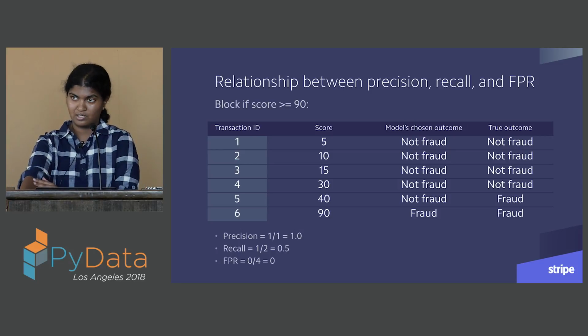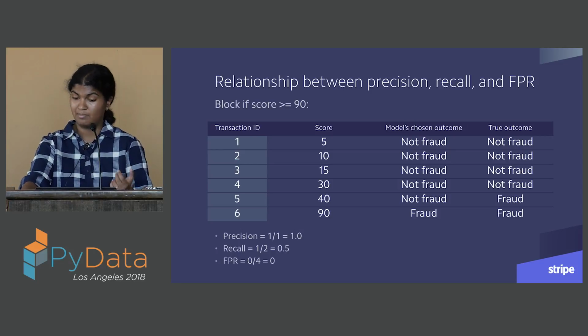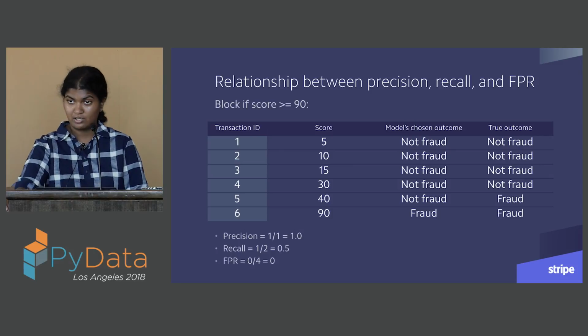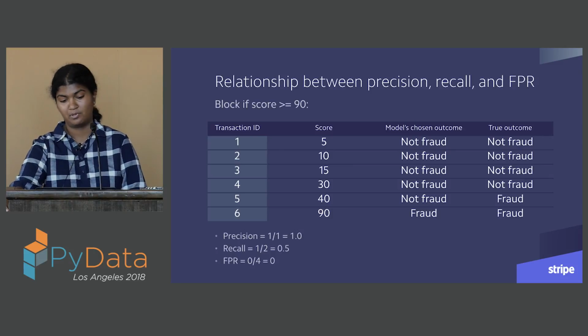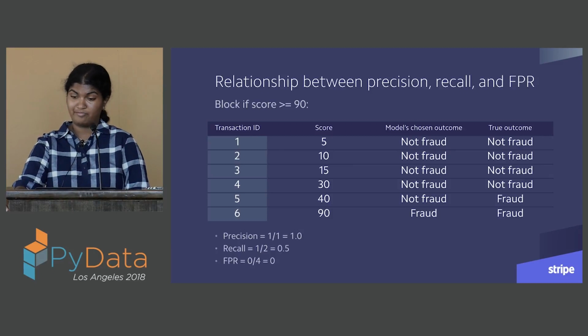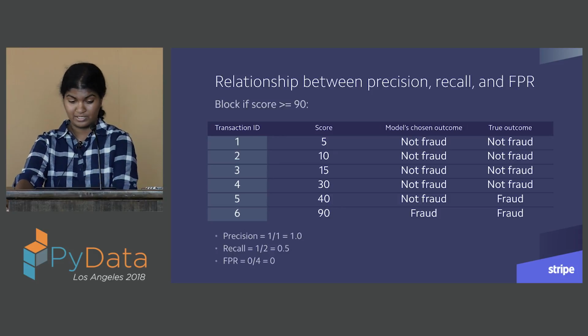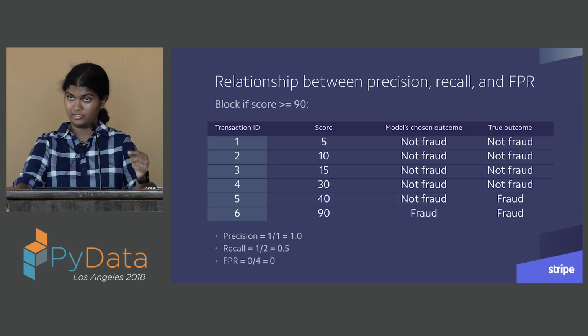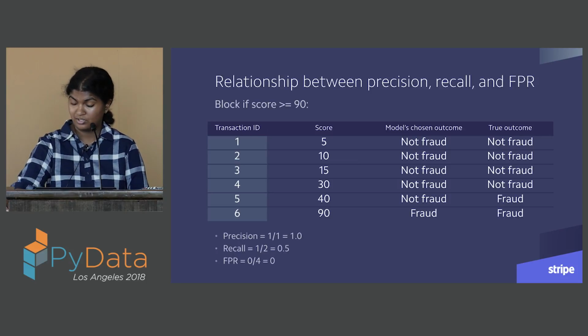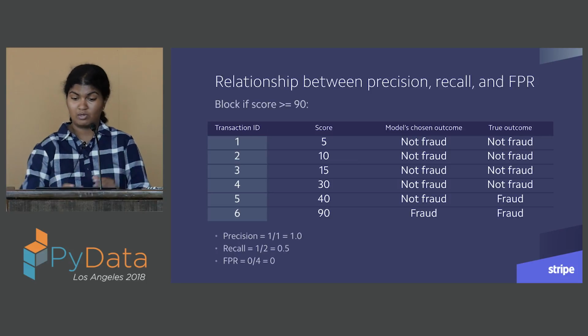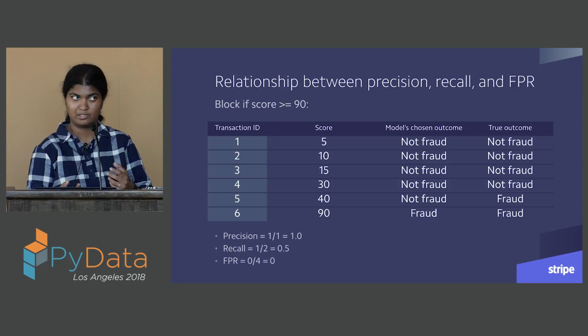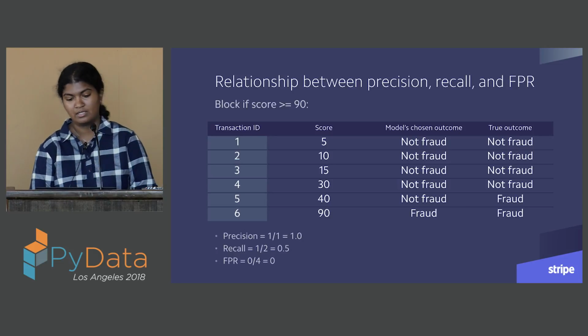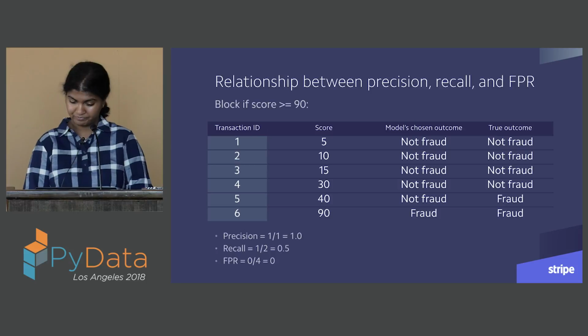Out of those 2, the model only correctly detected number 6 as fraud, so our recall is 1 over 2, which is 0.5. And what is FPR? There were 4 transactions that were not fraudulent, 1, 2, 3, and 4. Our model correctly said that none of those were fraudulent, so our FPR is 0 out of 4 because we didn't incorrectly label a good transaction as fraud, and so our FPR is 0, which is great.